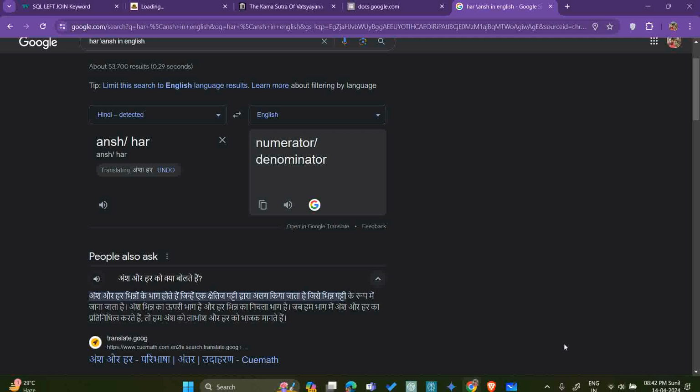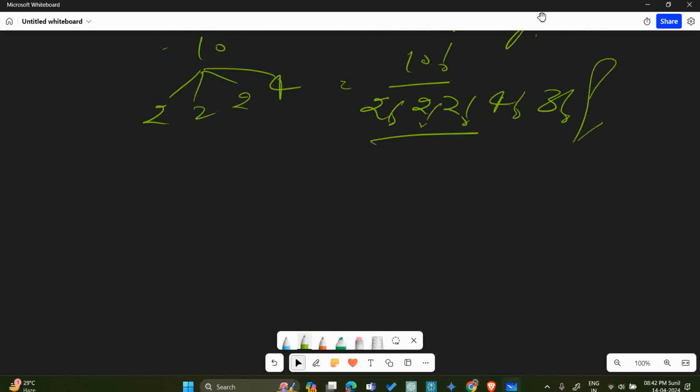So the note here is very important. When a number repeats itself k times, we have to multiply the denominator with k factorial.